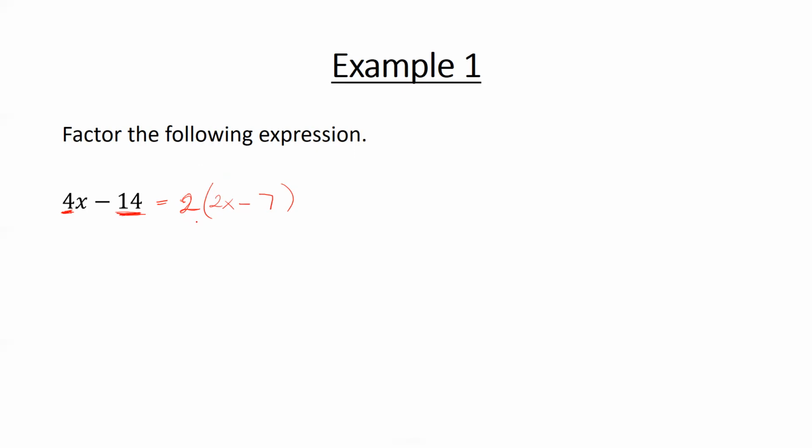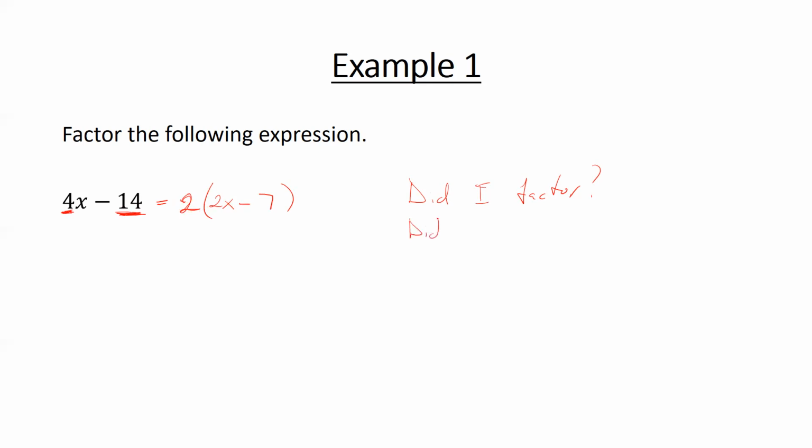There are really 3 questions that you should ask yourself. First thing, you were asked to factor. Did you factor? Just look at your answer and you see, oh, it's a multiplication problem. So yeah, I factored. I rewrote an expression as a multiplication problem.